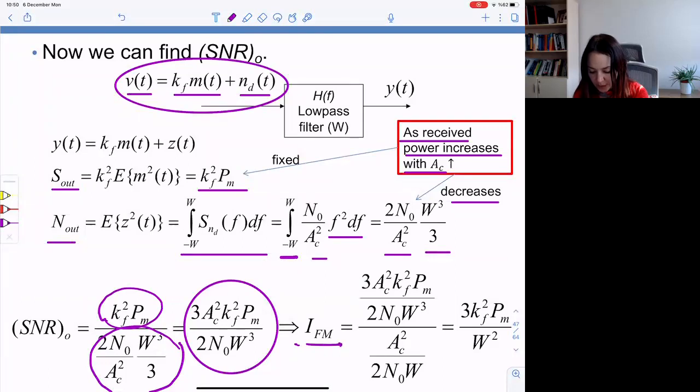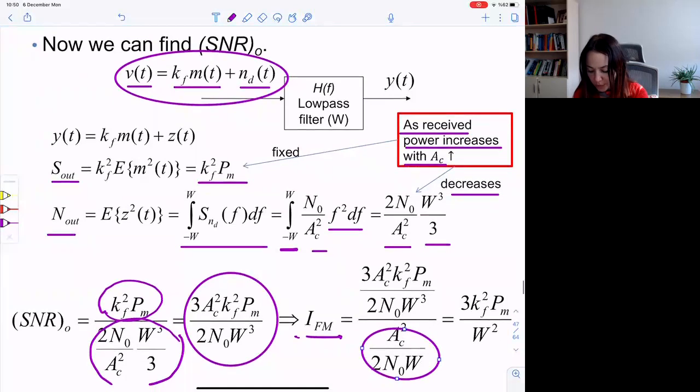The baseband SNR was already computed as AC squared over 2N naught W. So the figure of merit is interesting. It has kf squared in the numerator. So the larger the kf, the larger the figure of merit, which is good.